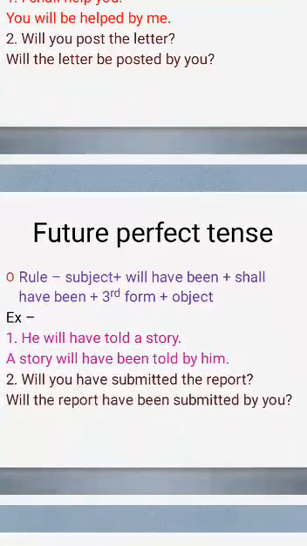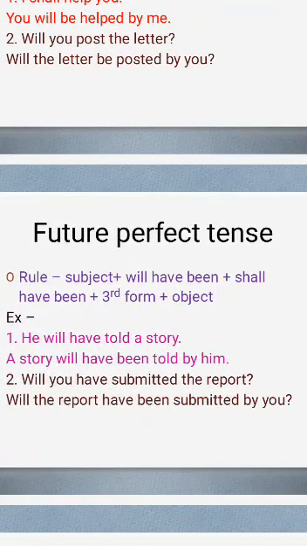The rule is subject plus will have been or shall have been plus third form plus object. For example, he will have told a story. While changing into passive voice, we will write a story will have been told by him.